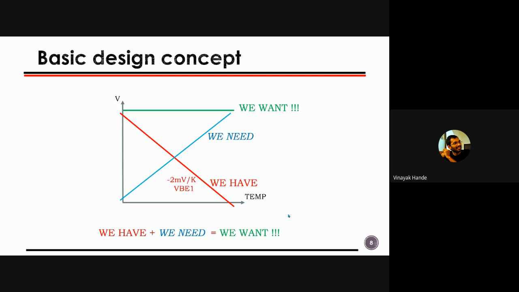Then we try to understand what we want and what we have, right? What we have is this red curve, which is minus 2 millivolt per Kelvin, that is VB1, and at the end, the result we wanted is the green one, where the voltage does not vary with the temperature. We need something like this, right?